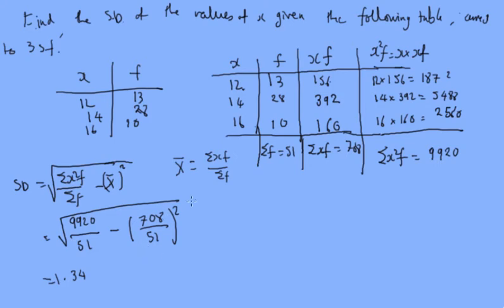Now, something to point out here. When you work out the mean, if you were to take it to one decimal place, it equals 13.9. If we were to use this in our calculation, we end up getting a standard deviation of 1.14, which is an error of 0.2, or about 15%.